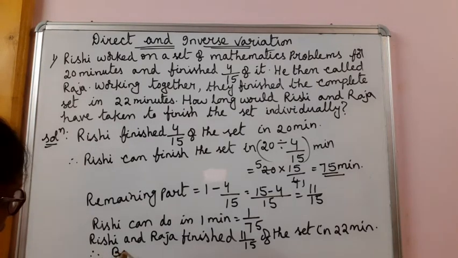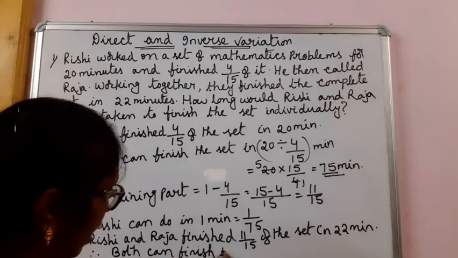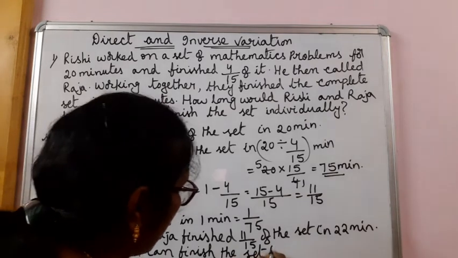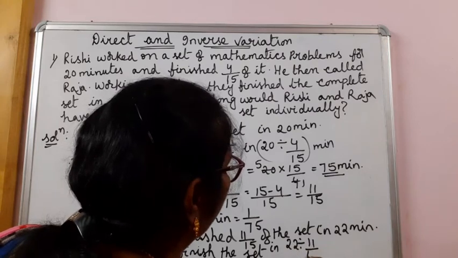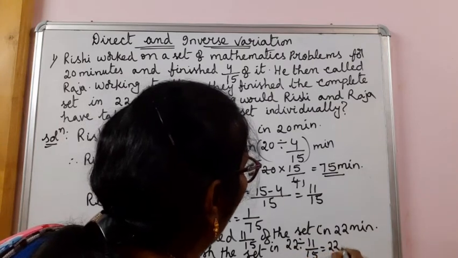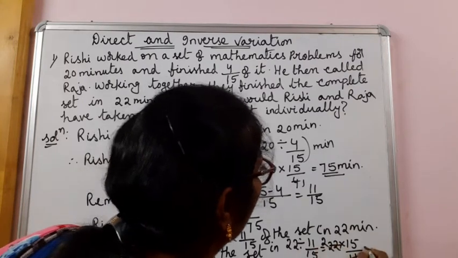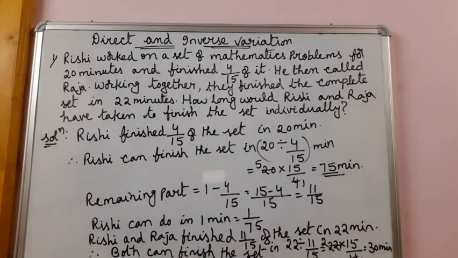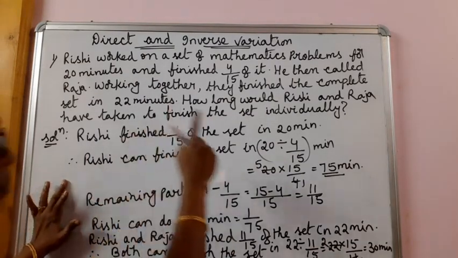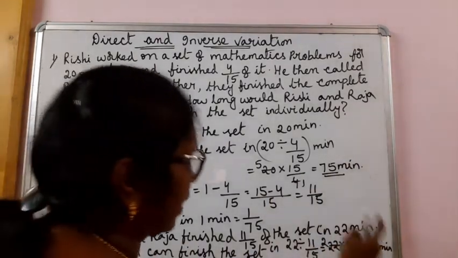Therefore, instead of writing Rishi and Raza, let me write both can finish the complete set in 22 divided by 11 by 15 minutes, or 22 into 15 by 11. That gives 11 ones are 11, 11 twos are 22, so 30 minutes. So what we understood here is Rishi can complete the set in 75 minutes. Both can finish the set in 30 minutes.